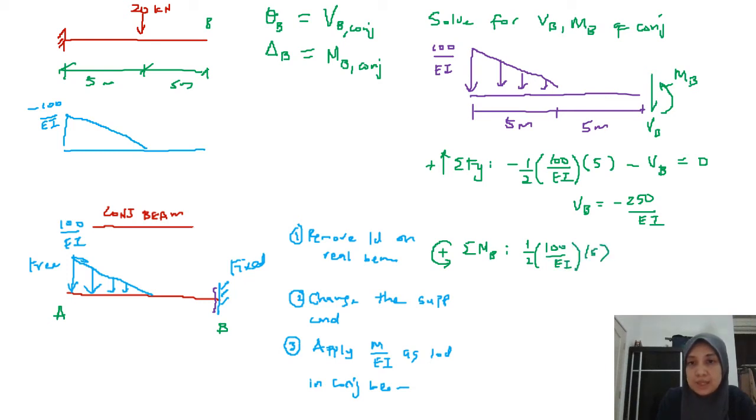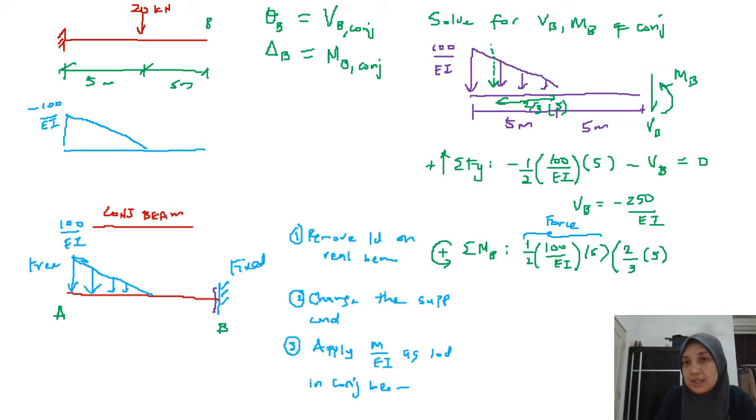This is my force, and the force has to be multiplied by a distance. How much is the distance? The equivalent resultant force acts at 2/3 of the length, so it's 2/3 times 5.